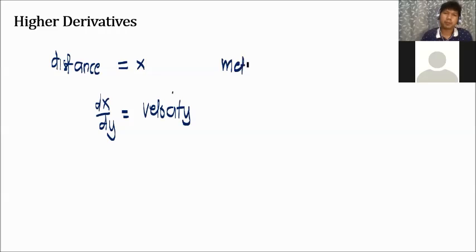So if we get the derivative of a distance with respect to time, this will be equal to meters per second, and it becomes a velocity.